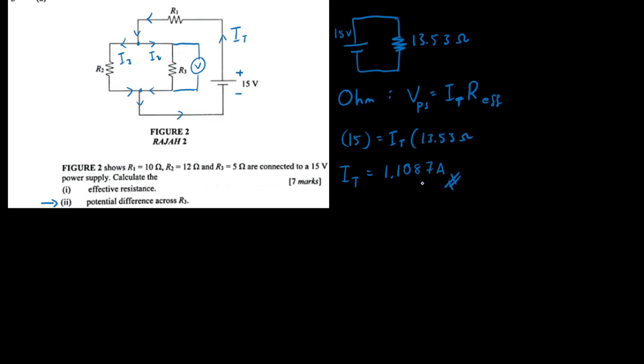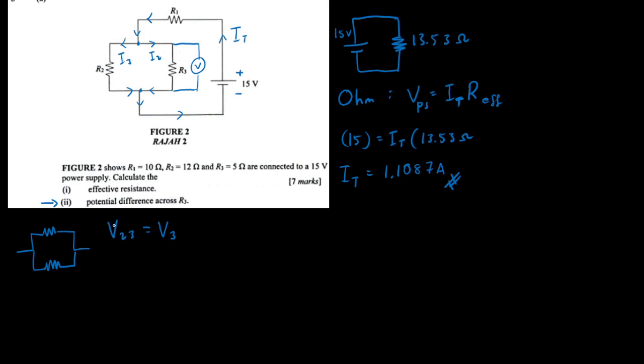What I don't know is the current going through resistor R3. The good thing is in a parallel system, where I have R2 and R3 in a parallel configuration, I know that my voltage through R2 and R3 is going to be the same as my voltage that goes through just resistor 3.